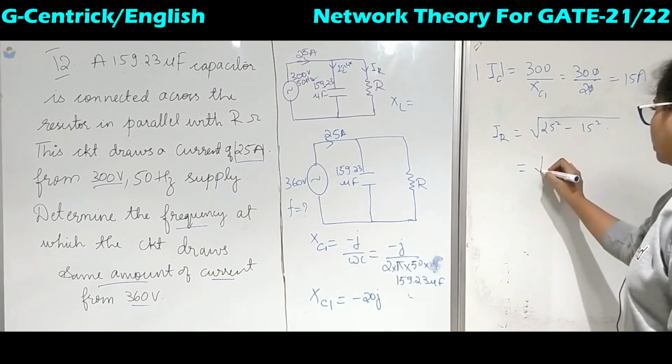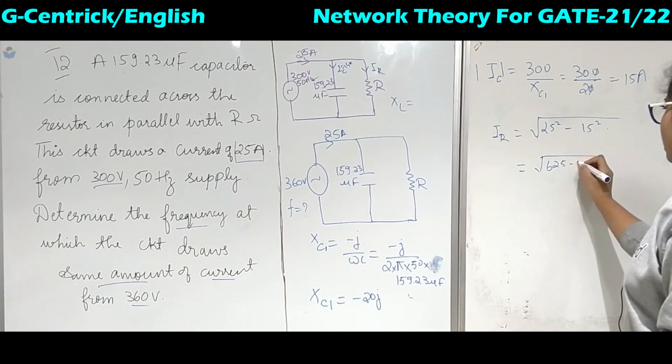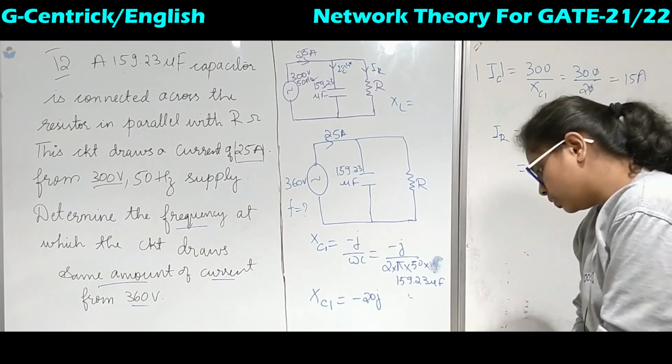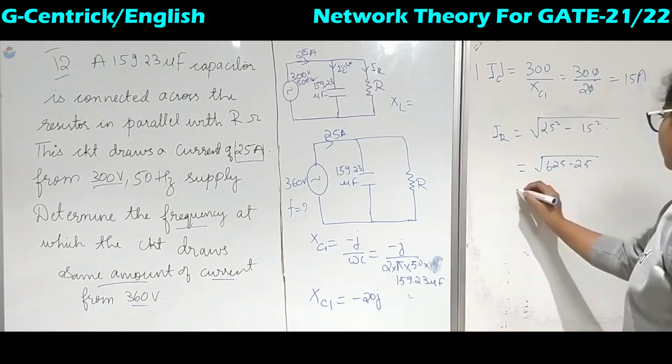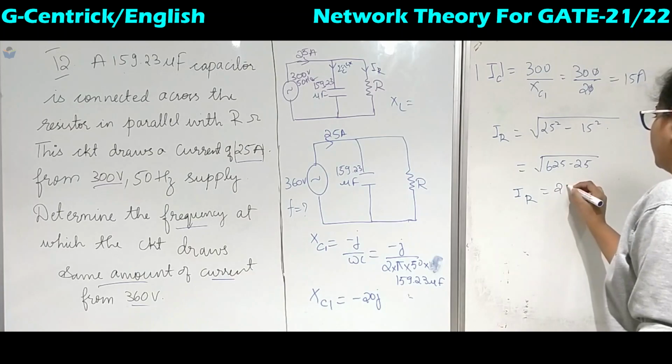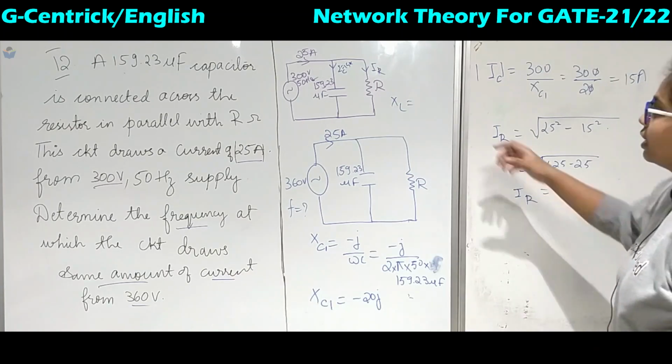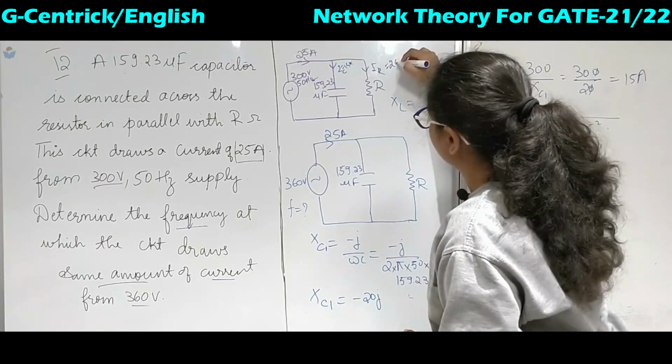So it comes out to be the square root of 625 minus 225. So the value of IR will be 20 amperes. This much current will flow, 20 amps.